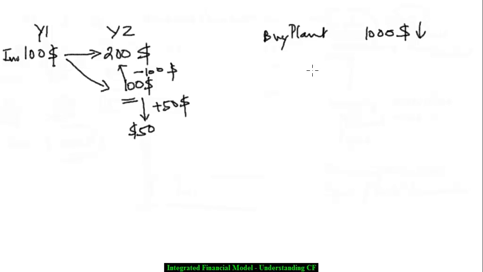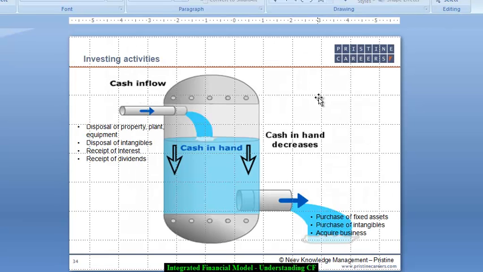But later on, if my business is not doing so well for this particular part, and I sell this plant for, let's say, $500, then this is like a $500 cash inflow to me. Similarly, if I'm disposing of any intangibles, or if I'm getting some interest, it's like an investing activity inflow to me.